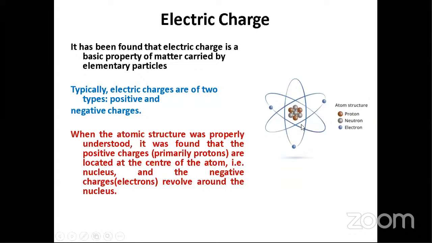Neutron has no charge, it is neutral, and proton has positive charge. Similarly, atoms are neutral, so the number of positive charges should equal the number of negative charges. The number of protons inside the nucleus equals the number of electrons surrounding the nucleus.